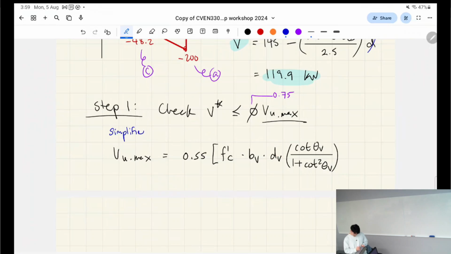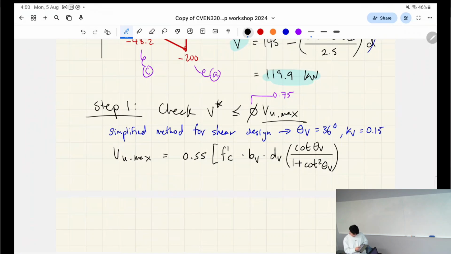In the exam, you're going to expect the simplified method for shear, right? So there's a few simplified methods in the standards. This one's the simplified method for shear design, where we take theta V is 36 degrees. We don't need to do any calculations further than that. And this will also result in kV is equal to 0.15, I believe.